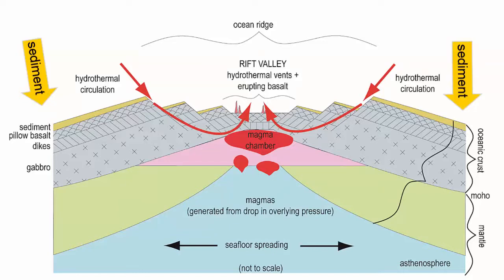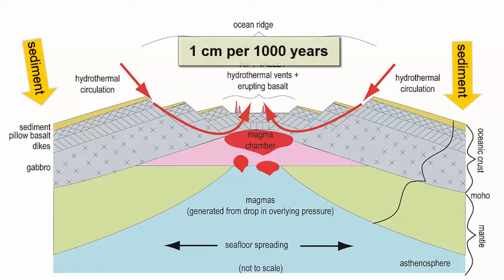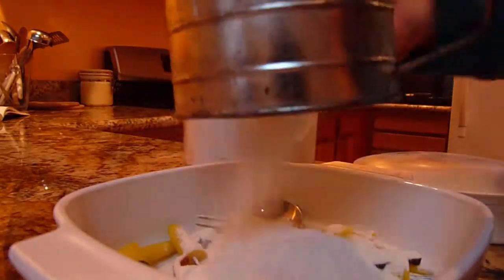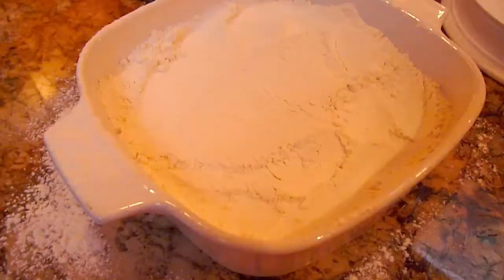But as this sediment collects at rates of about 1 centimeter every 1,000 years, eventually, over millions of years, the sediment will completely cover any rough topography and leave a flat surface that hides underlying irregularities. Imagine sifting flour over a countertop covered in pots and pans. If you keep at it long enough, the flour will cover everything and the surface will be smooth.